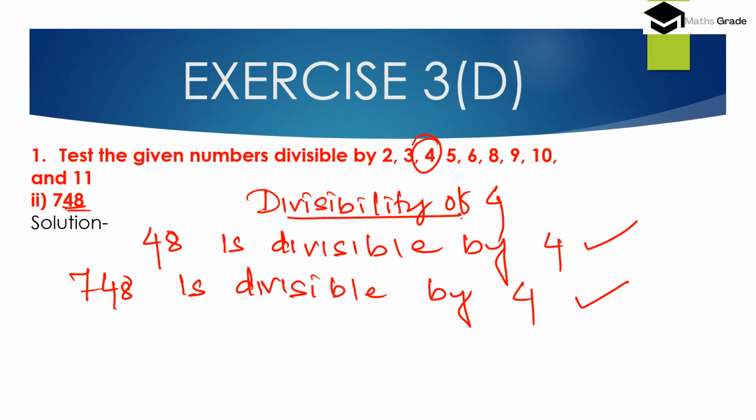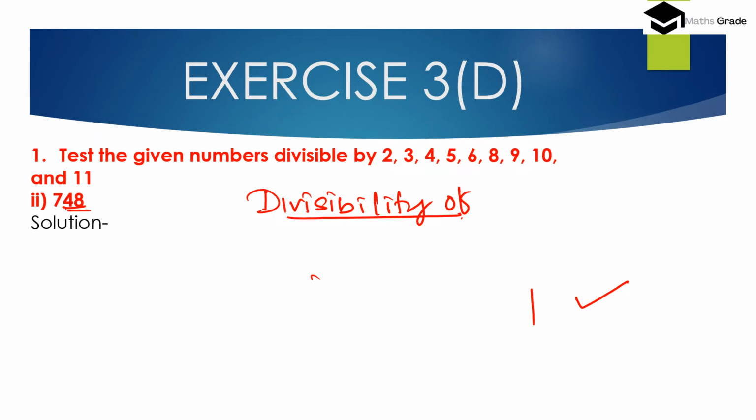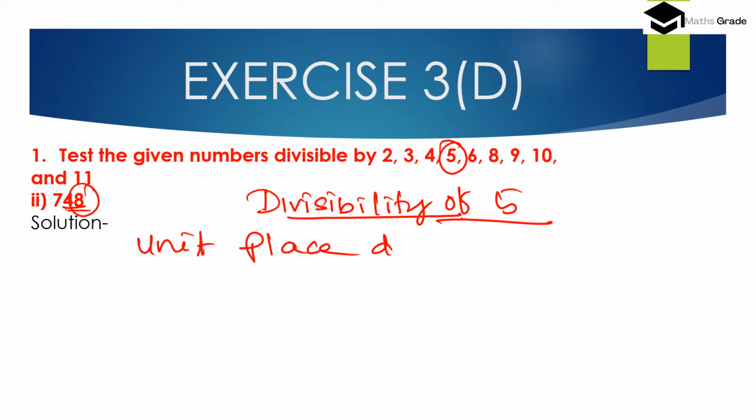Now we will check whether the number 748 is divisible by 5 or not. We know any number is divisible by 5 if the last digit, that is the unit place digit, is 0 or 5. Here the unit place digit of 748 is 8. 8 is not divisible by 5.